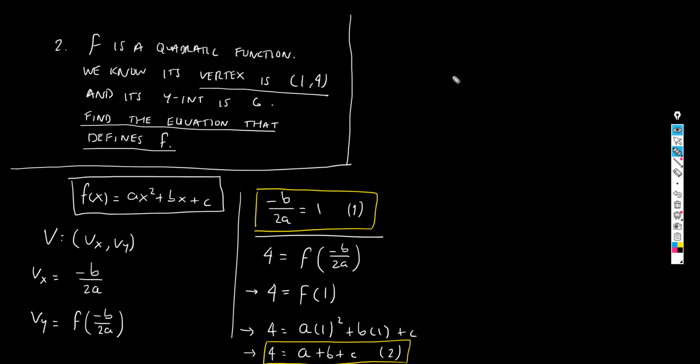If I drew the graph of the parabola, it's going to look more or less like this. I know where the vertex is, (1, 4), which should be about here. This is the vertex. And the y-intercept is 6, which is this point over here.